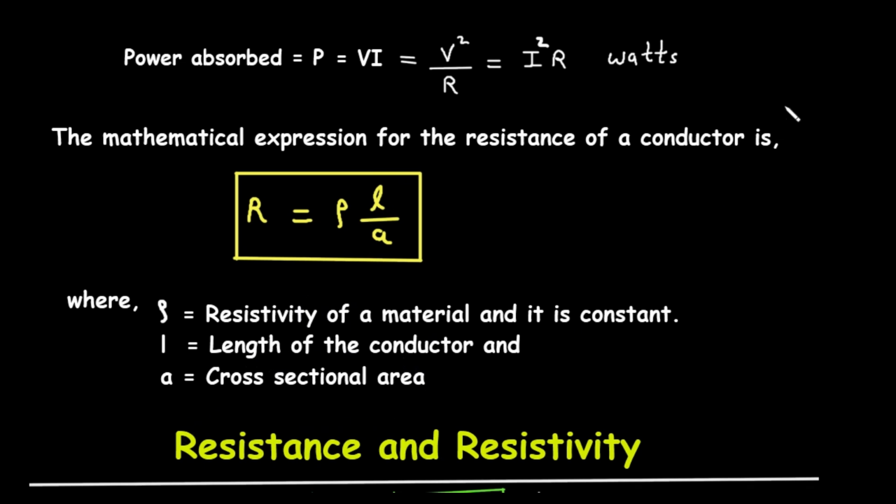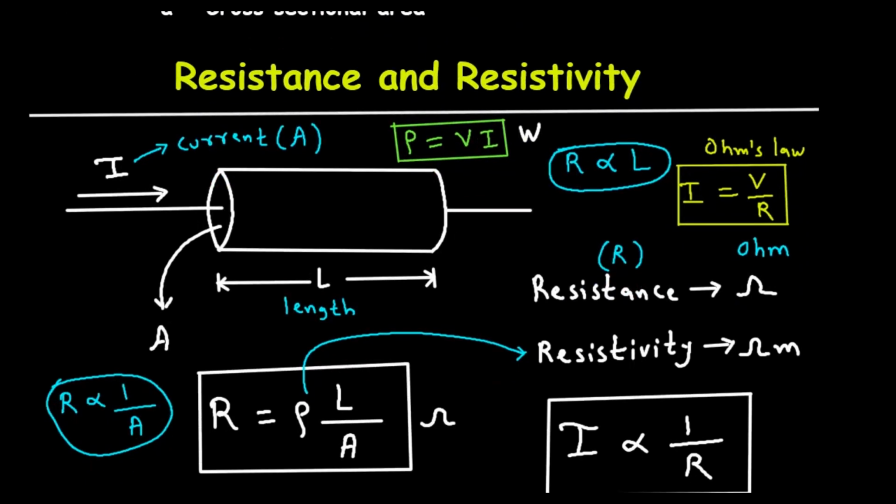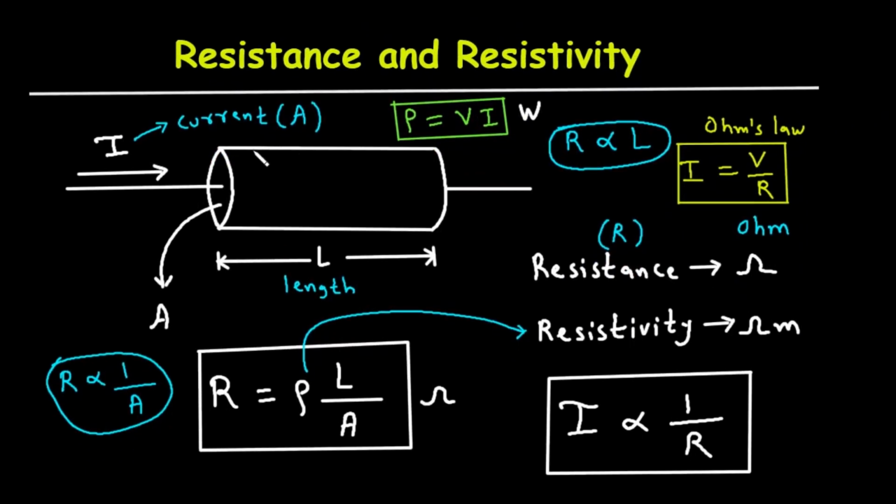Now let's continue again with resistance and resistivity. Here we can see this is the material, and the current through it is this current I, and the unit of current, we know, is ampere.